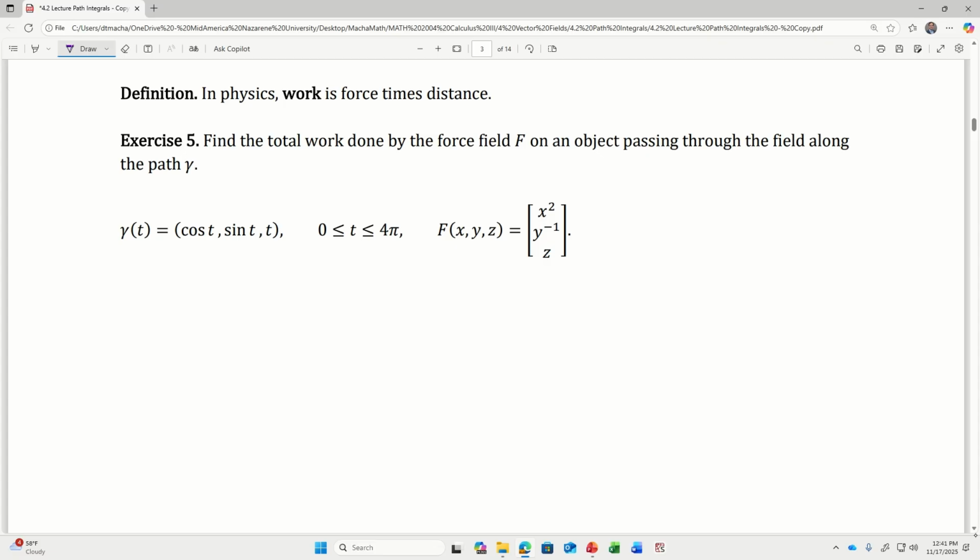Like, find the total work done by the force field F on an object passing through the field along the path gamma. So we are taking a path integral over a vector field. And that means we'll take the integral from a to b of my vector field dot product with the derivative of my path with respect to t dt.